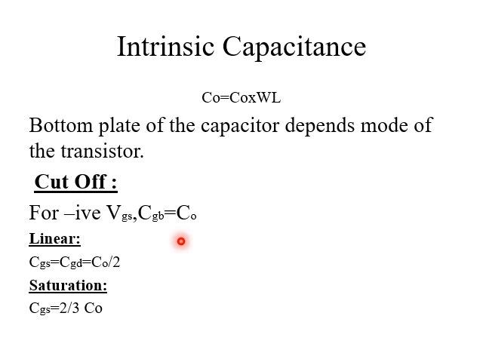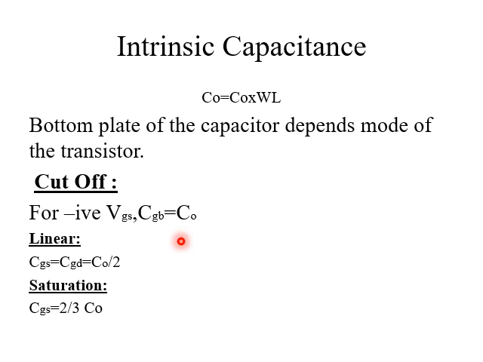Next we see the linear region. In the linear region, when VGS, the gate to source voltage, is greater than the threshold voltage, the channel inverts and acts as a good conductive bottom plate.